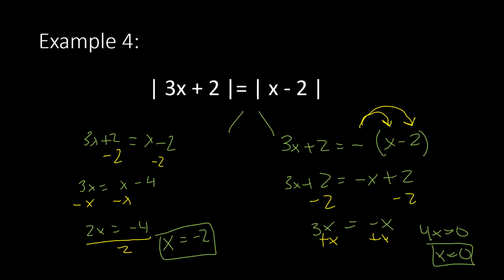Now let's also check this one to make sure it is correct, because it's really important to check your work. So we're going to substitute the negative 2 in for the x to check the first answer, and let's see if it's right. So I've substituted in for x in both the equations, and so we'll simplify it.